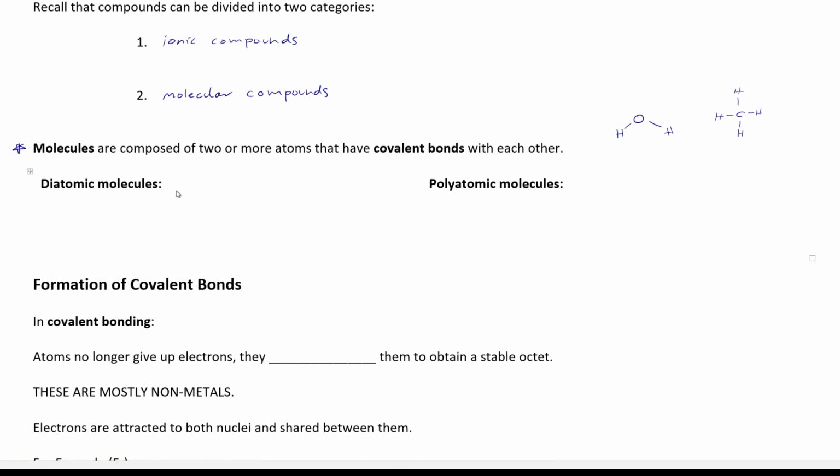Diatomic molecules simply mean molecules that have two atoms. So an example of a diatomic molecule could be, for example, hydrogen chloride, right? That's a diatomic molecule because it is made up of two atoms, diatomic.